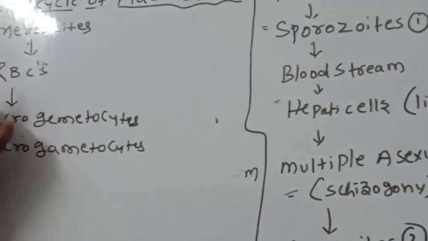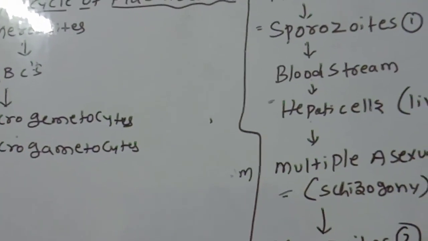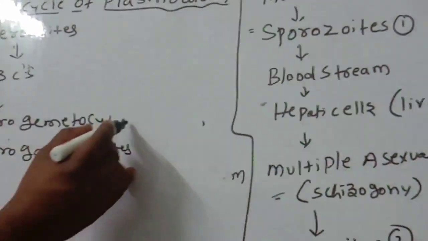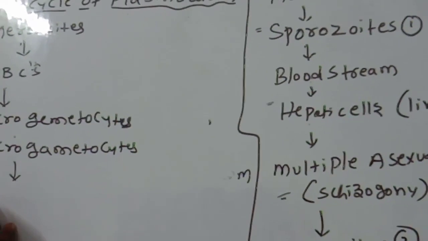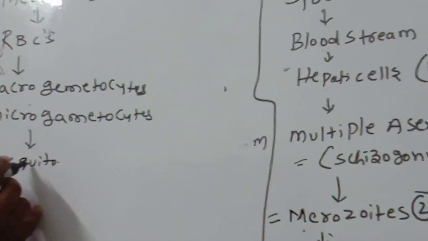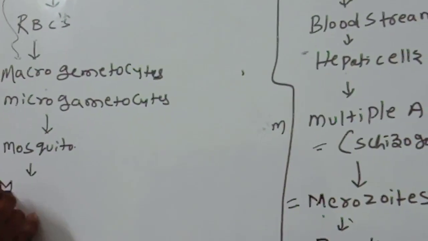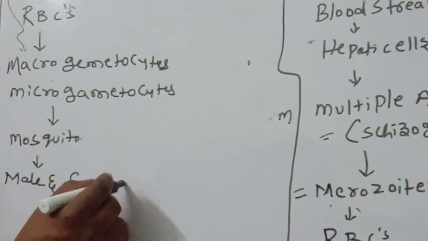It takes the RBC and these merozoites are converted into macrogametocytes and microgametocytes. With this, they are ingested by mosquitoes. They enter into the mosquitoes. Then they develop into male and female gametes.